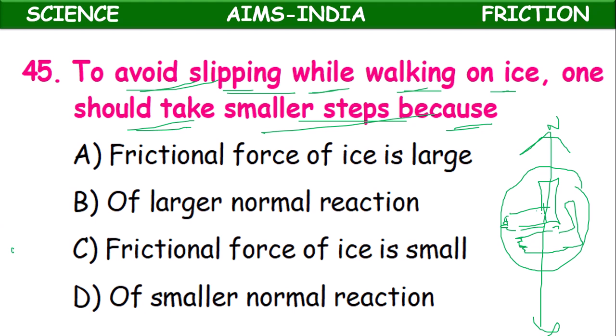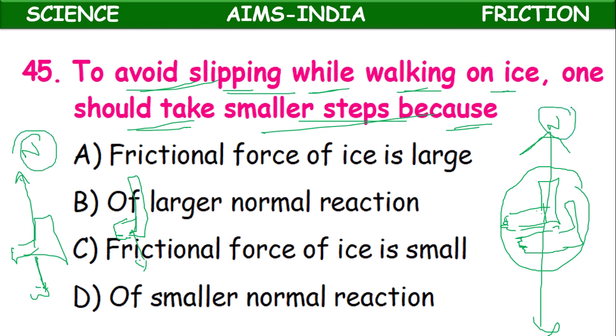If you take longer steps, what happens? At this place, these two are different. With only one leg you are pressing the land, so the normal reaction created will be less compared to this.